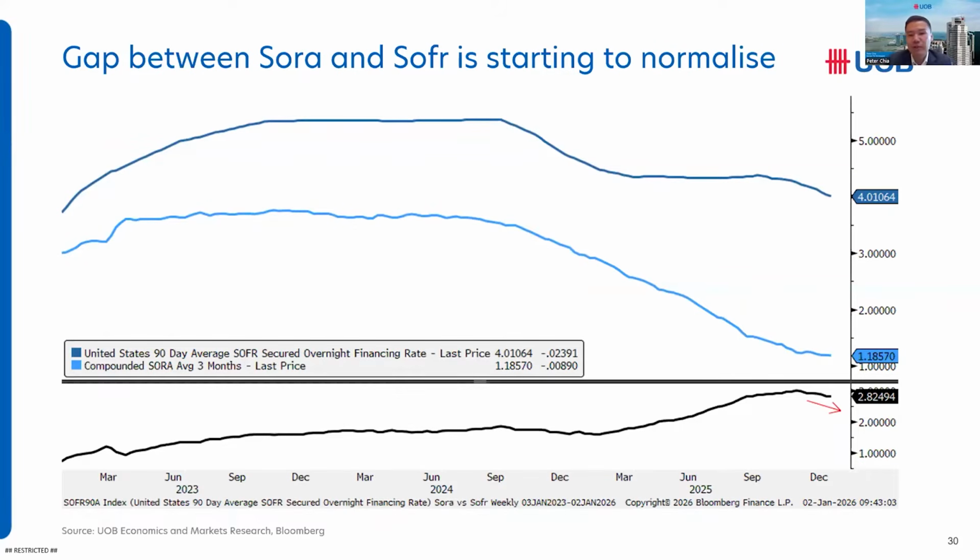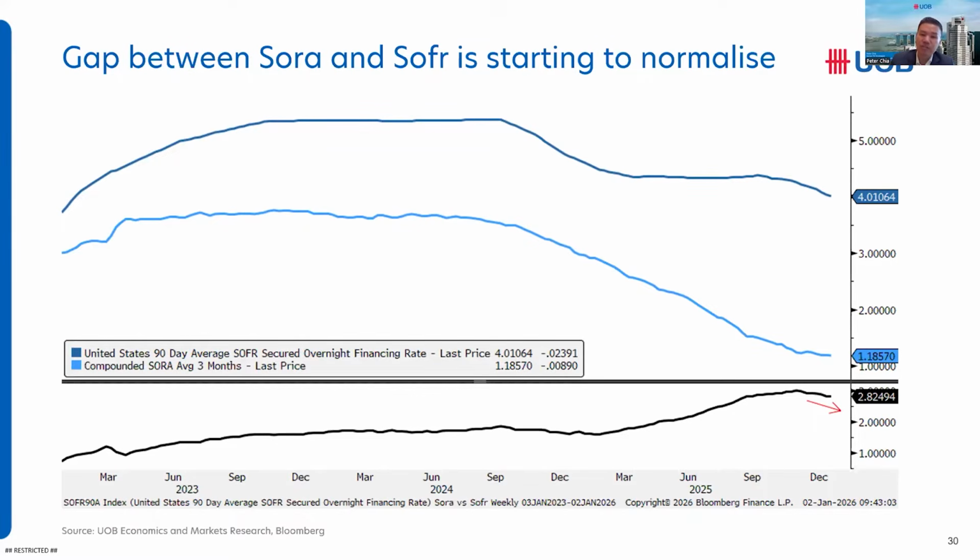Okay. So the big gap between SORA and SOFR has started to close already, meaning that even if the US interest rates continue to go lower in the next couple of months, we're seeing the possibility that the SORA could even turn up towards the US interest rate, because the gap between the SORA and the SOFR was very wide in historical terms last year.